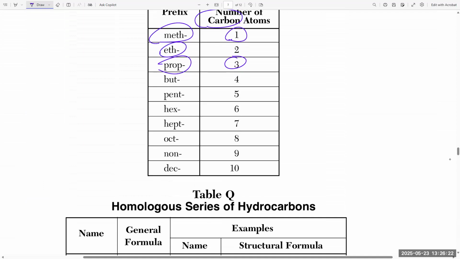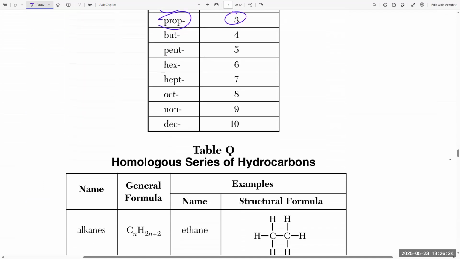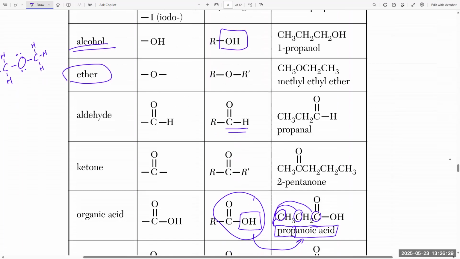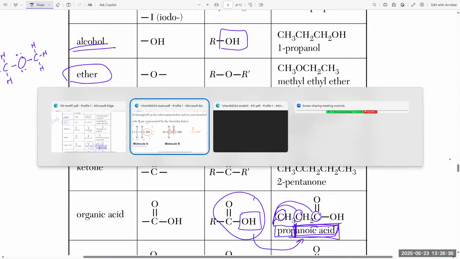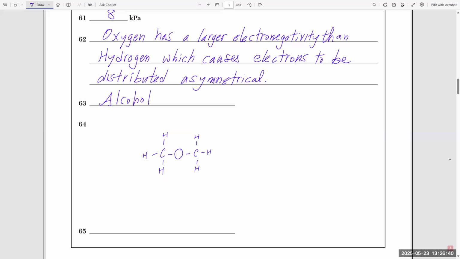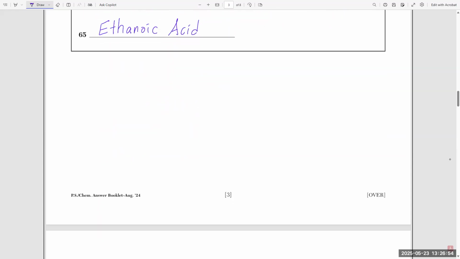This is organic, right? So it's eth, right? So therefore, because we see 2, it's going to be eth, and then we attach to it anoic acid. So the way we're going to call this is eth, because we see 2 carbons, and then anoic acid. Good. Let's move on.